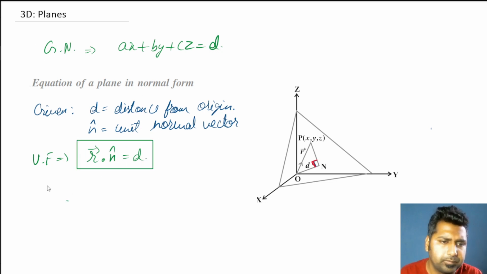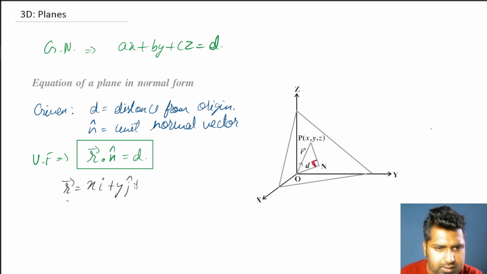Since n cap is a unit vector, what are its components? Usually we say they are direction cosines. Your r vector in general is x i cap + y j cap + z k cap.